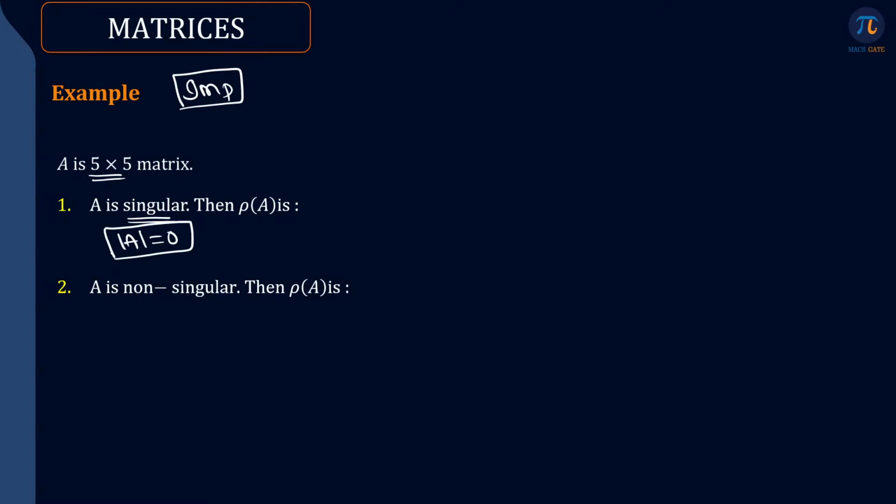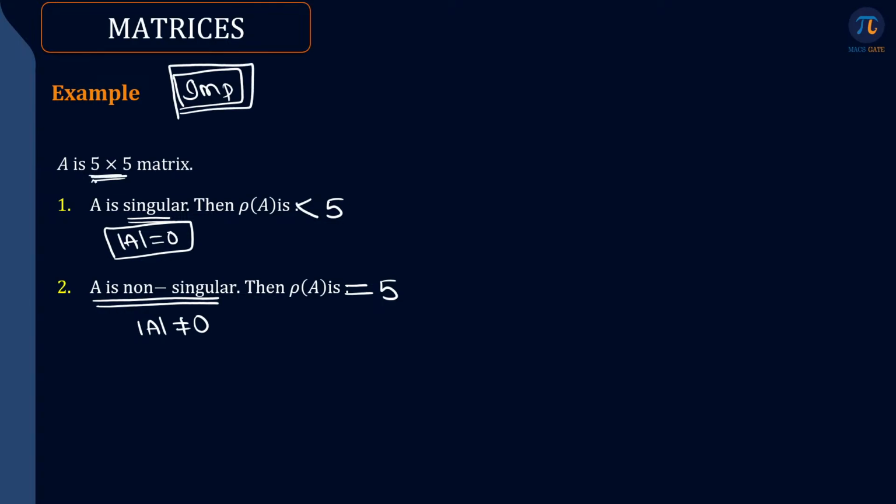If determinant is 0, then the minor of order 5 is 0, so rank has to be definitely less than 5. Now, A is non-singular means what, sir? Determinant is not 0, so the minor of order 5 is non-zero, which means rank must be equal to 5. This is very, very important, sir.